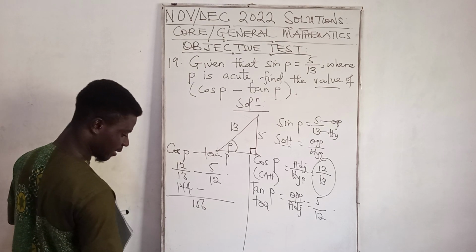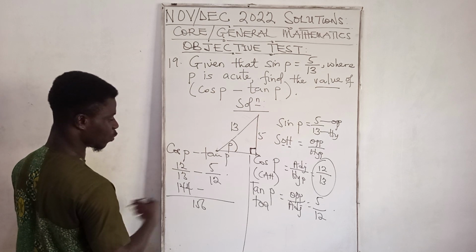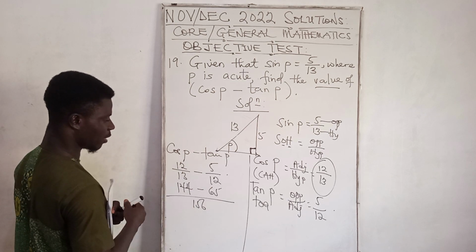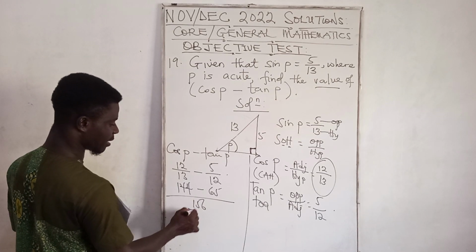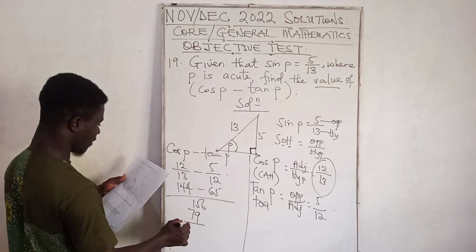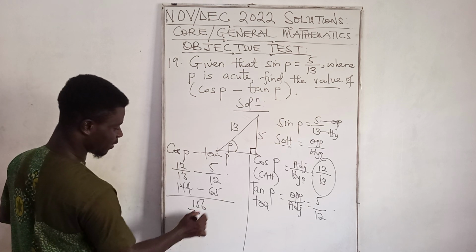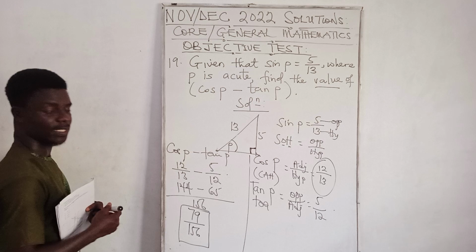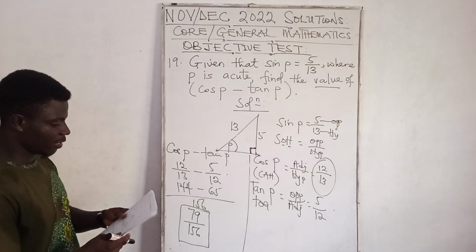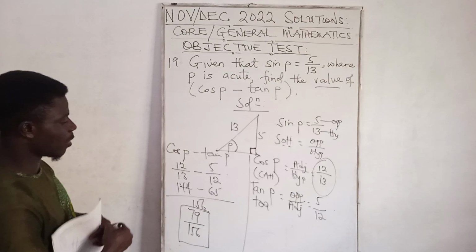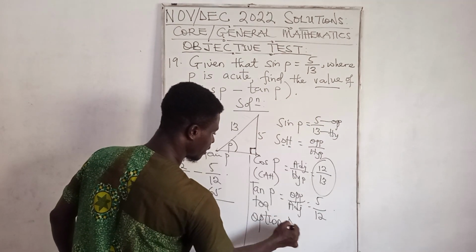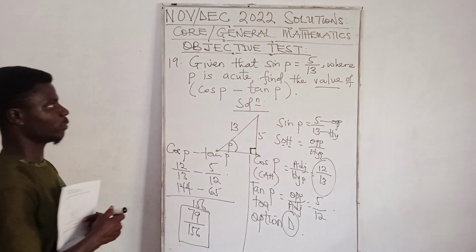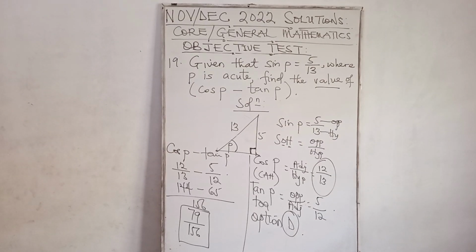How many times? 13 times. 13 times 5, which gives what? 65. So now this time around, 144 minus 65, which we obtain 79. Then 79 divided by 156. So therefore, our answer is option D for dog.